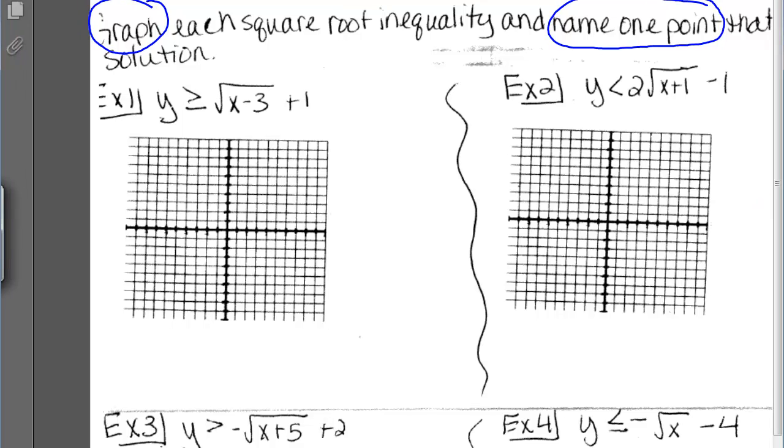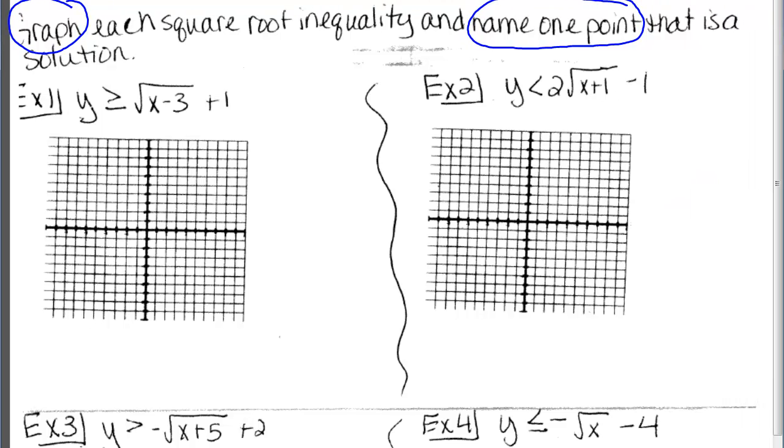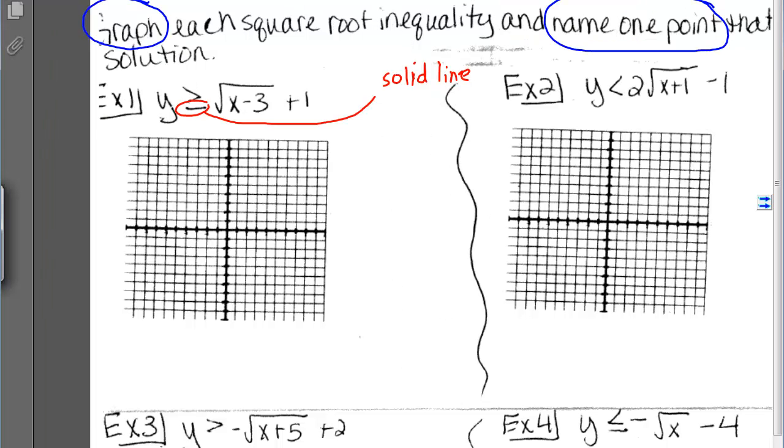Let's look at some examples. Graph each square root inequality and name one point that is a solution. Example 1. Y is greater than or equal to square root of x minus 3 plus 1. We know that it is a solid line because of the equal sign underneath the inequality symbol.